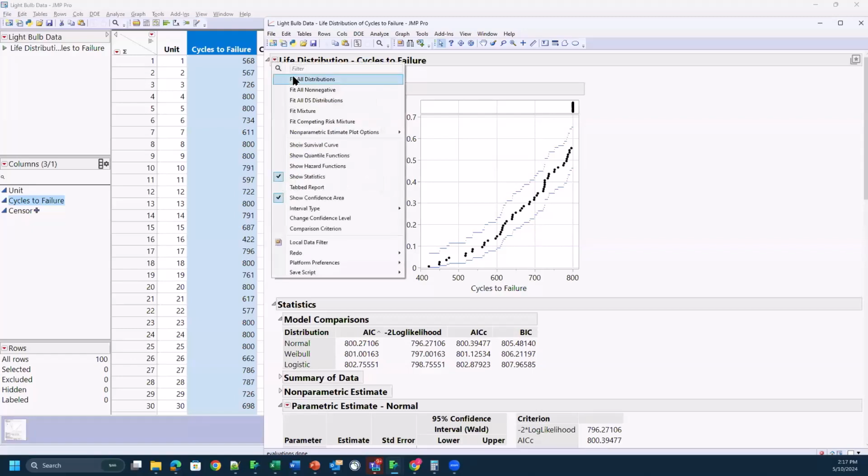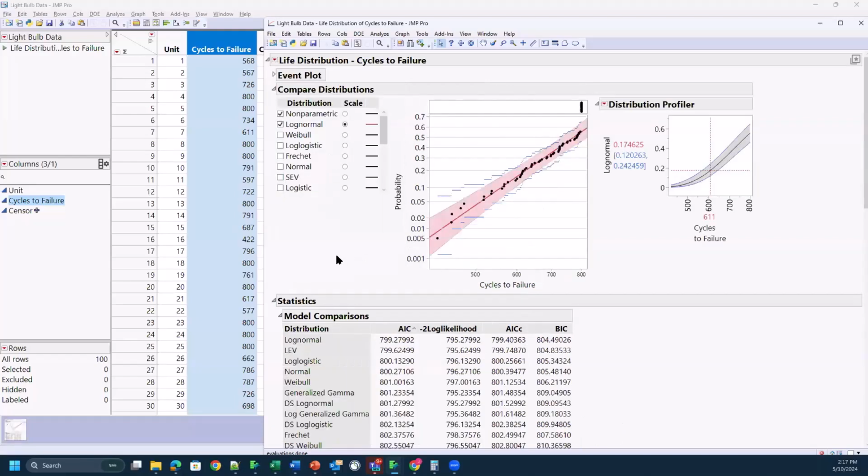So we're going to go in here and say fit all distributions. JMP will then fit all of those distributions and pick the one, in this case it's called the log normal distribution, that it thinks is best. And it'll adjust the scale so that we can see this is the fit that it got.